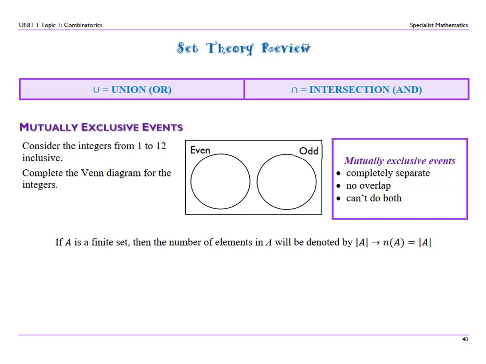So for this example, consider the integers from 1 to 12 inclusive. Complete the Venn diagram for the integers. For these integers, they're either even or odd. They can't be both.